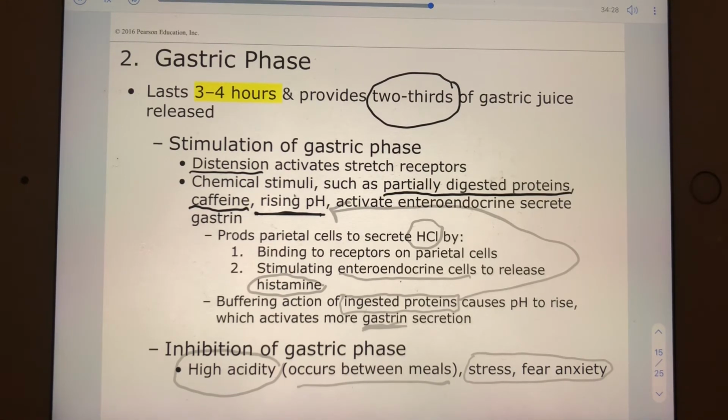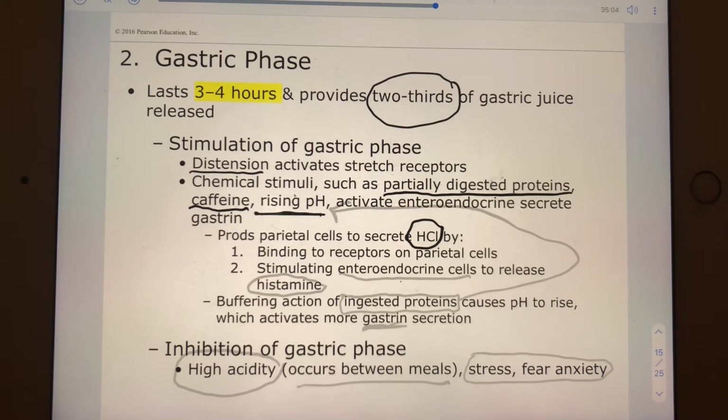And then ultimately, these conditions, distension, the presence of partially digested proteins, caffeine if we consume it, rising pH, maybe the meal that we're delivering is not very acidic, that sort of thing. They all promote the secretion of gastrin, okay? And gastrin tells our parietal cells, hey, let's form HCl, okay?